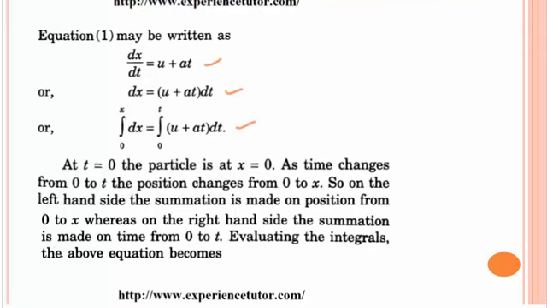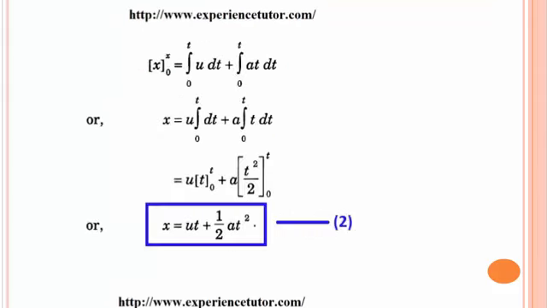Evaluating integrals, the above equation becomes x from 0 to x is equal to integration 0 to t u dt plus integration 0 to t a t dt, or x is equal to u integral 0 to t dt plus a integral 0 to t t dt.